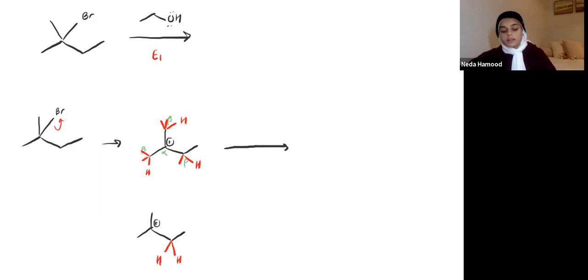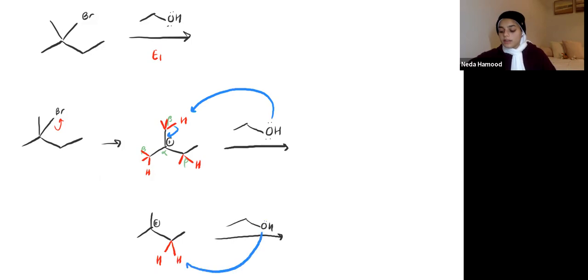With this, our OH is going to come and attack in different ways. Let's say our OH is coming to attack this hydrogen like that to do this, or it can come and attack this to do this.